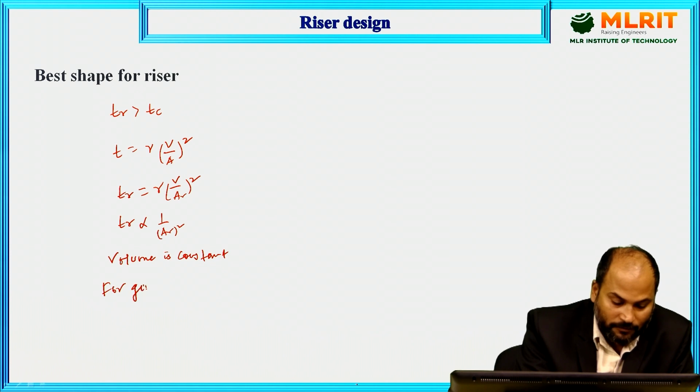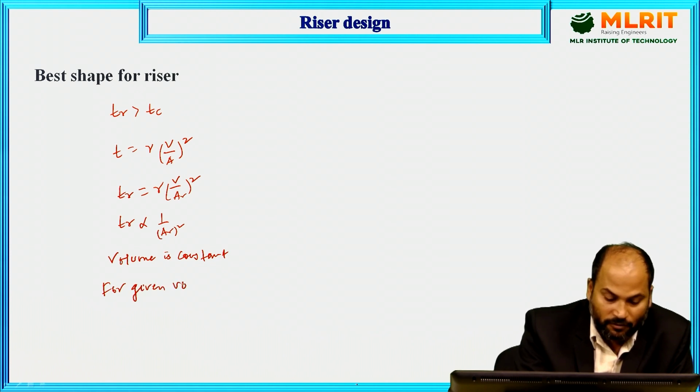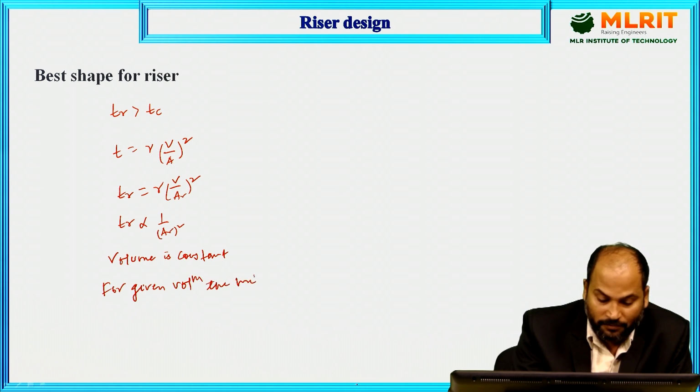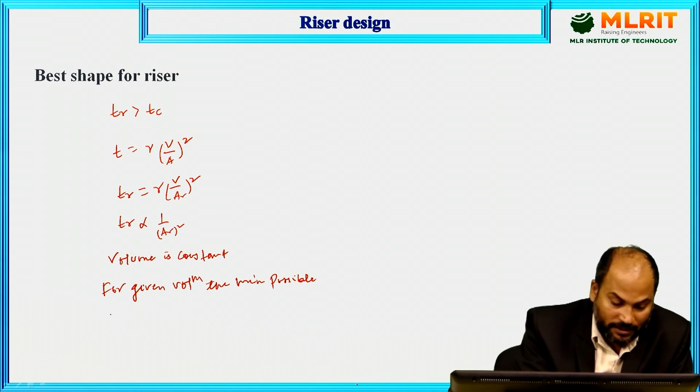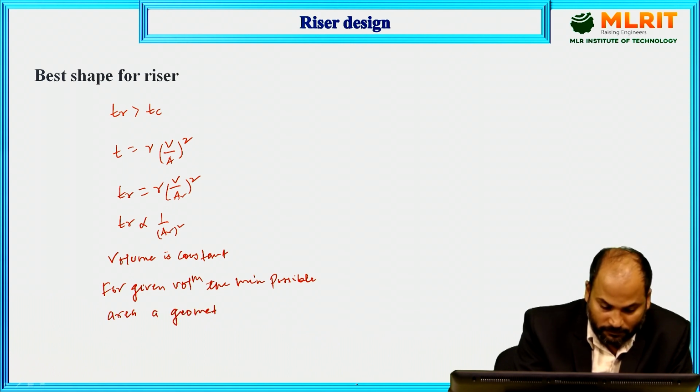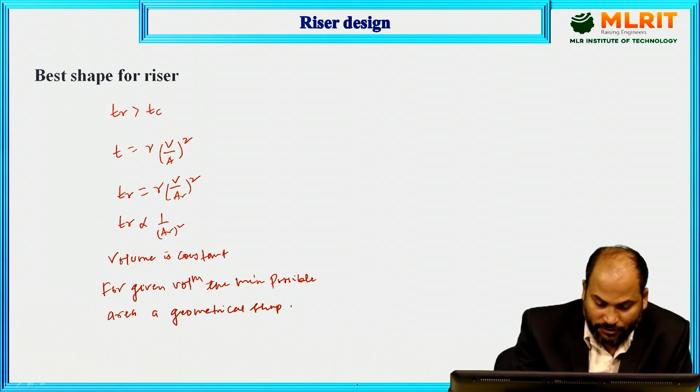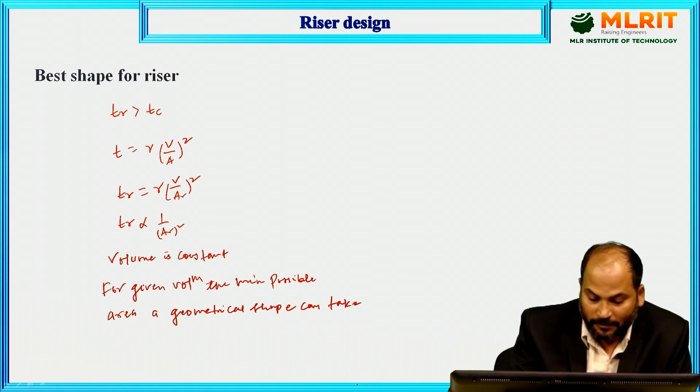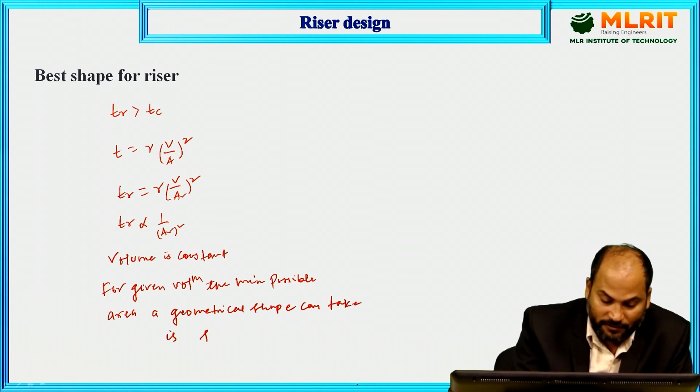So for a given volume, the minimum possible area or geometrical shape that can be taken is a sphere.